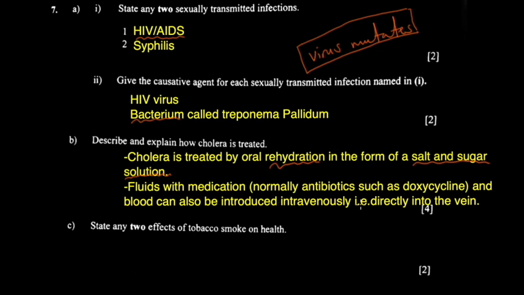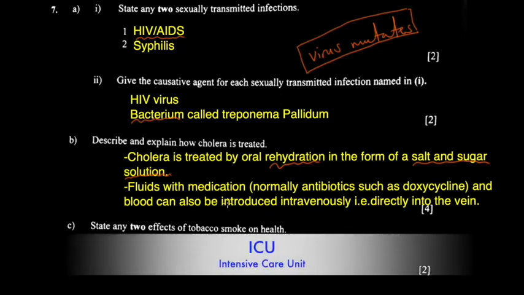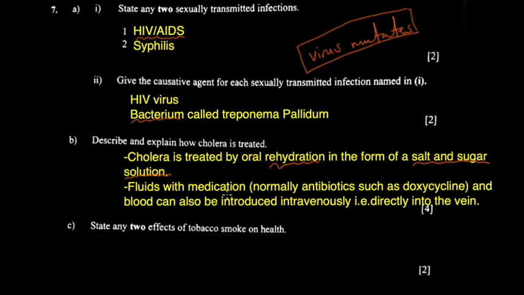That means it can be introduced directly into the vein. So we are looking at a scenario where someone is in the ICU. They're on the verge of dying, or their case is very critical, and this is what we do. But when it's a little bit mild and manageable, or when we don't have enough resources to cater for everyone, we have to do oral rehydration. So that's it for this part.